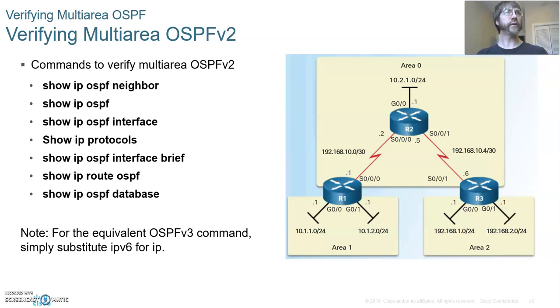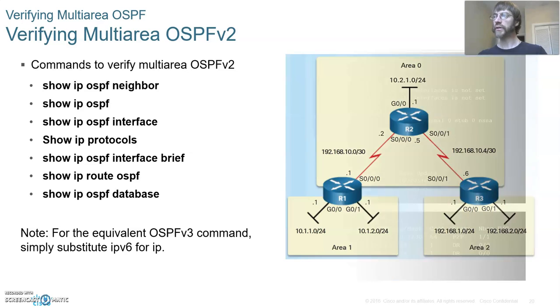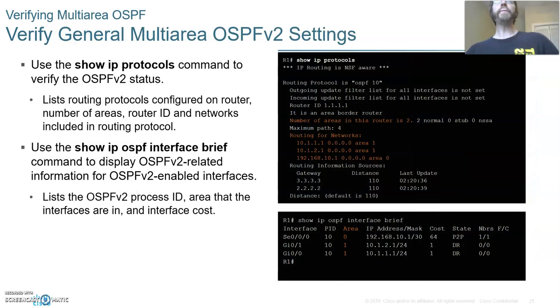Let's talk about some general settings verification. Okay, show ip protocols will give you basic OSPF status, the number of areas, the number of networks it is routing for. It'll even show you what masks you used to declare those. It'll also show you your routing sources, the last update, etc. And then show ip ospf interface brief, if you can run it, will show you your interfaces, your process ID, your area, the address and the mask.